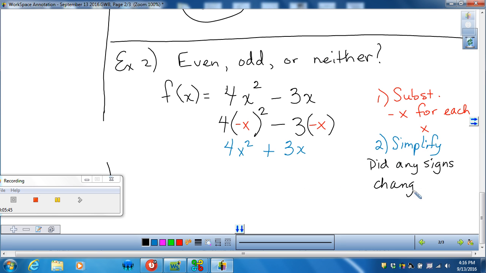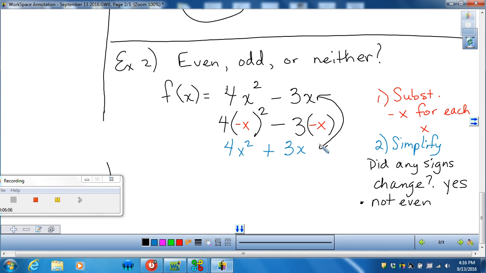The answer is yes. From here to here, did any of them change? The answer is yes. So this is not even. Okay, that's the first part of my answer. I know it's not even.